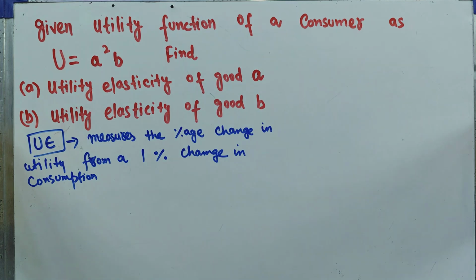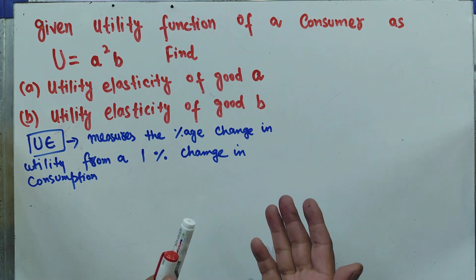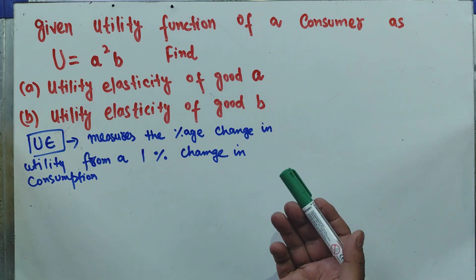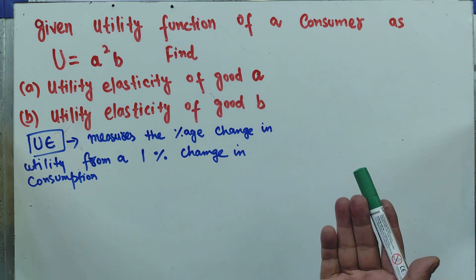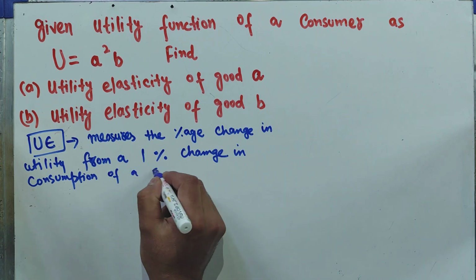It is simply the rate of change of utility with respect to consumption. It measures the percentage change in utility due to a 1% change in the consumption of a good.